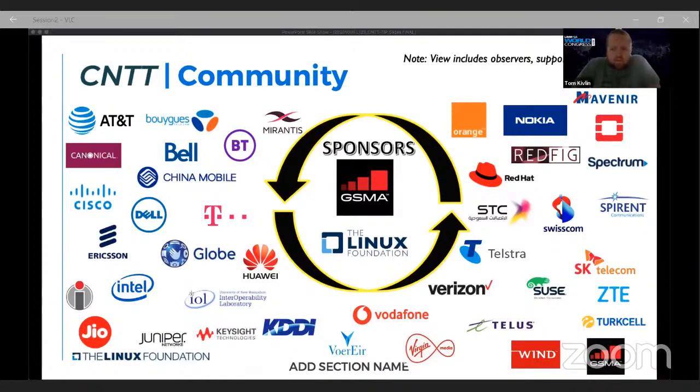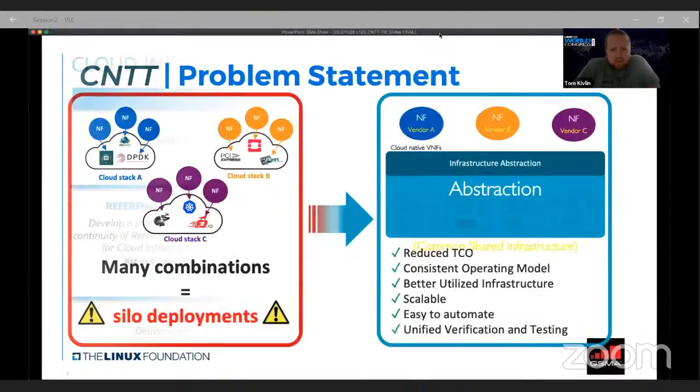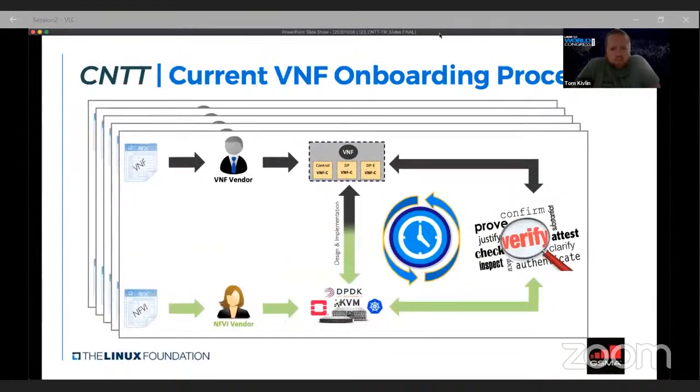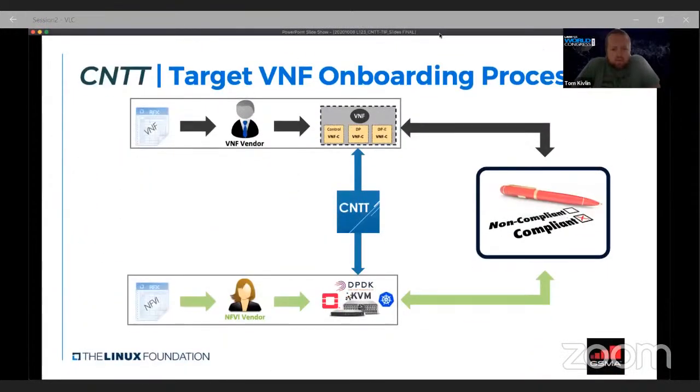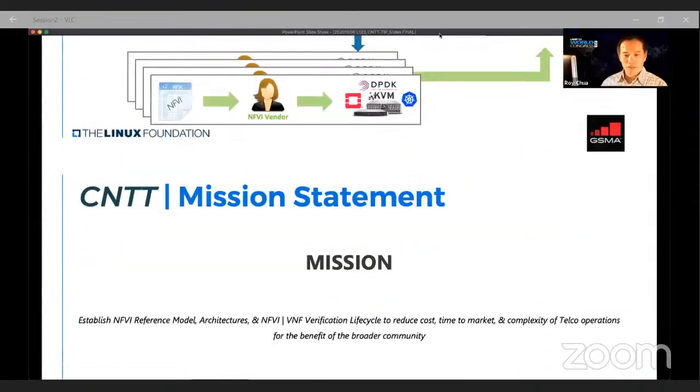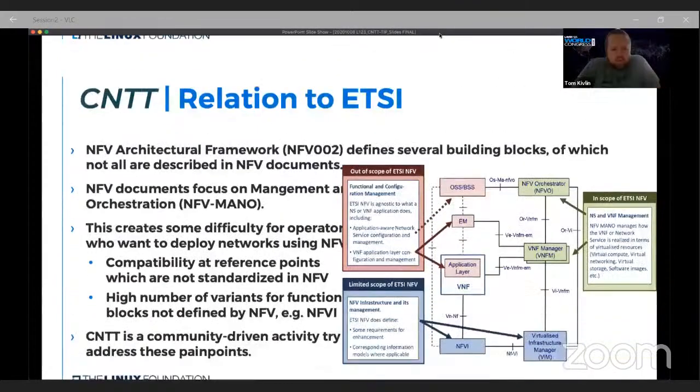Sure. So if you go to slide 11, the CNTT consists of a number of different layers of output, which are differently sponsored by different parts.